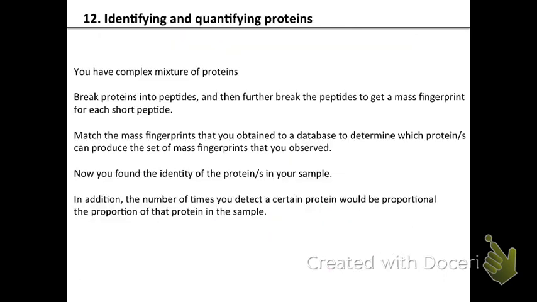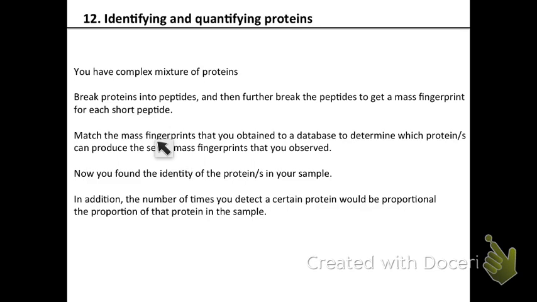So a summary of this analysis is that you have a complex mixture of proteins. You break these proteins into peptides and then separate them. Then you take each of these peptides and break them into smaller peptides so that you can get a mass fingerprint for each short peptide.